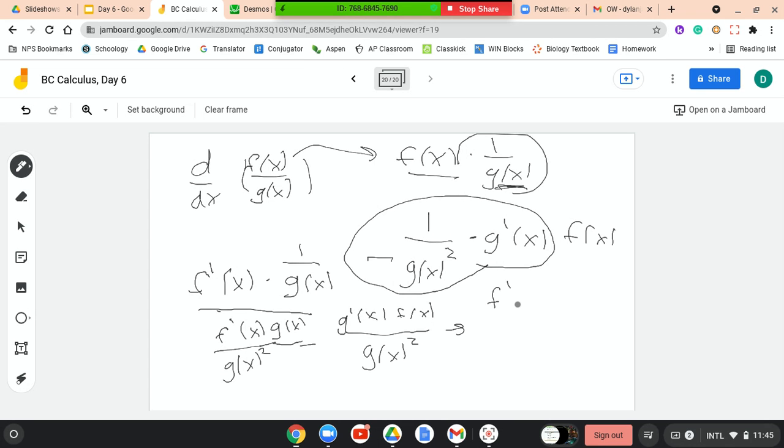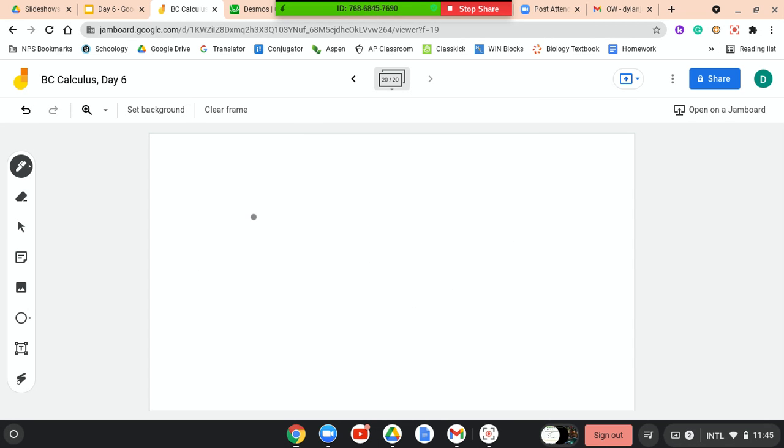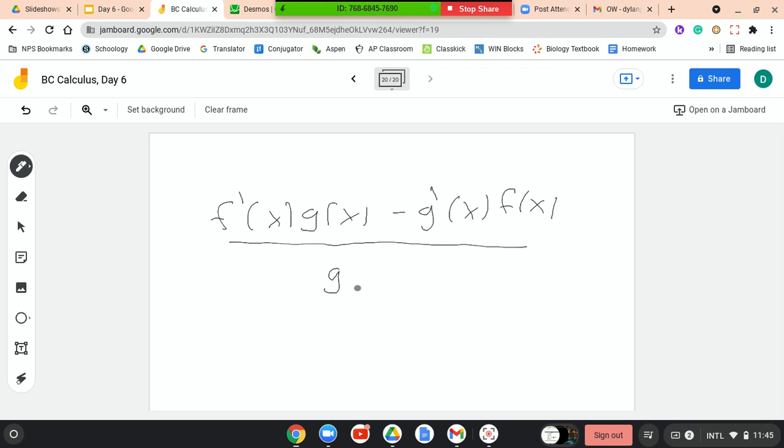We can combine the fractions. We get f prime of x times g of x minus g prime of x. You know what? I'll close the frame so I can just write it. We get f prime of x, g of x, minus g prime of x, f of x, over g of x squared. And this is the quotient rule.